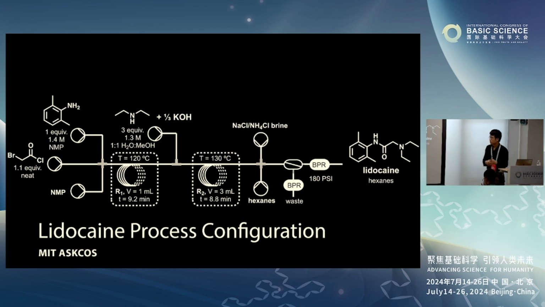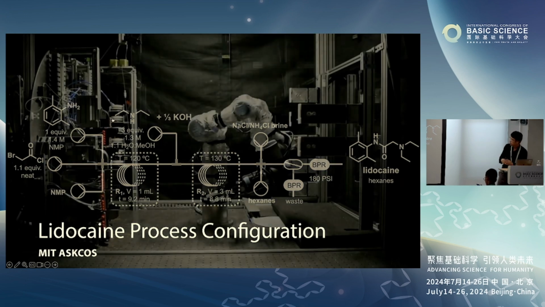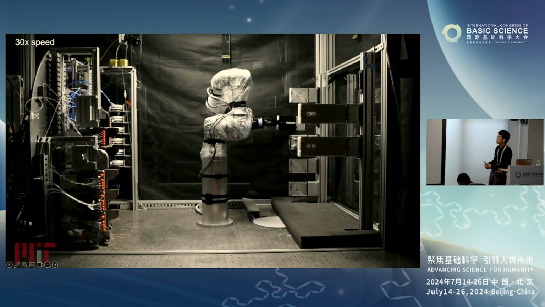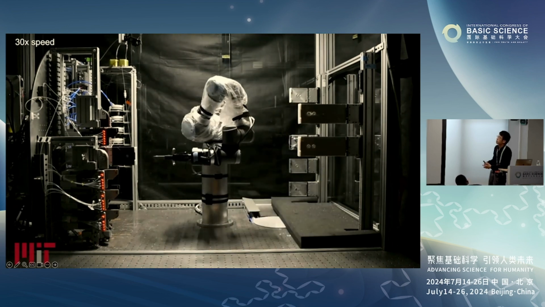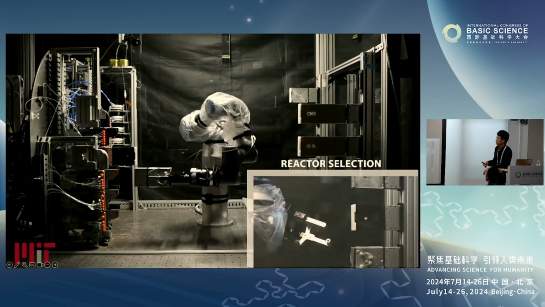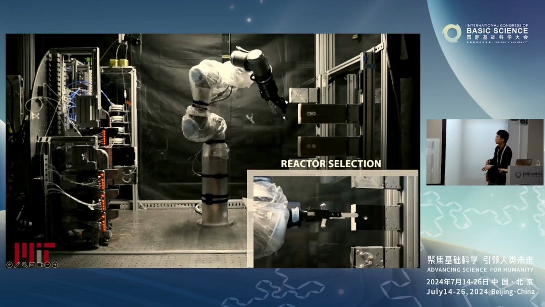Okay, so this is a video of how the system works. You can see this is actually 30 times speed, so it's made much faster. The actual movement is much slower than this.